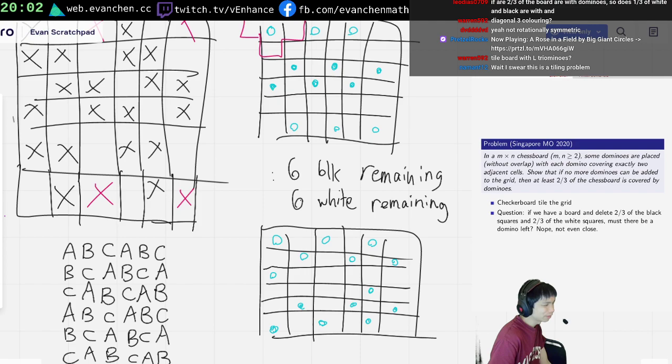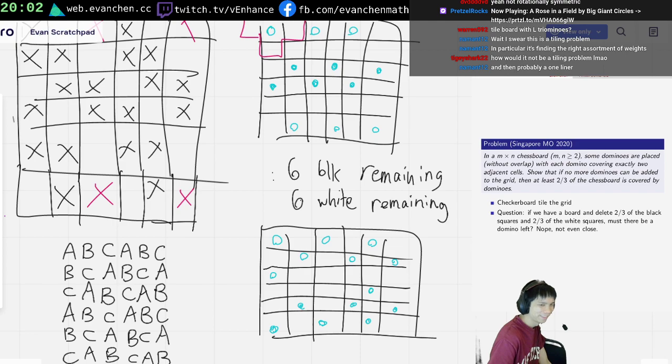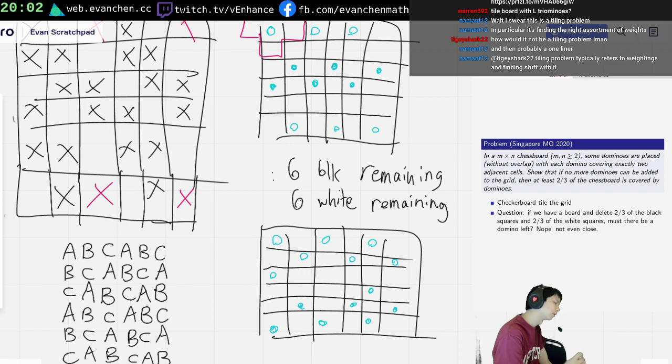The issue with tiling is that your regions, like a domino can hit multiple regions, and so you're not happy. How would it not be a tiling problem? It's just the things I don't like are, yeah, you're worried about dominoes hitting more than one region, so that's hard.